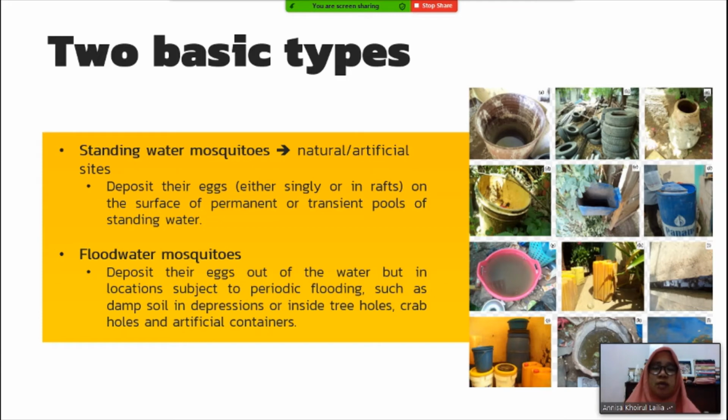The mosquito will deposit their eggs either singly or in rafts on the surface of permanent or transient pools of standing water, while the floodwater mosquitoes deposit their eggs out of the water, but in locations subject to periodic flooding, such as damp soil in depressions or inside tree holes, crab holes, and artificial containers.